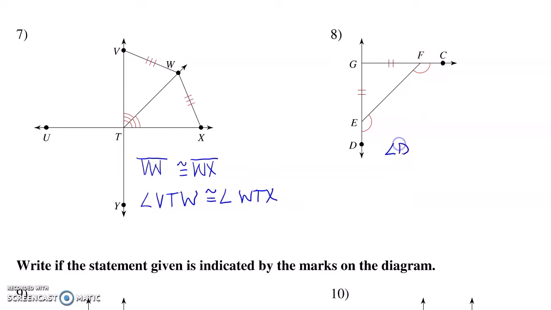Here we have angle DEF is congruent to angle CFE, and segment EG is congruent to segment FG. We cannot assume that this is a right angle. We have no way of knowing that. So we can't make that inference. Same here. We don't know that's a right angle either.